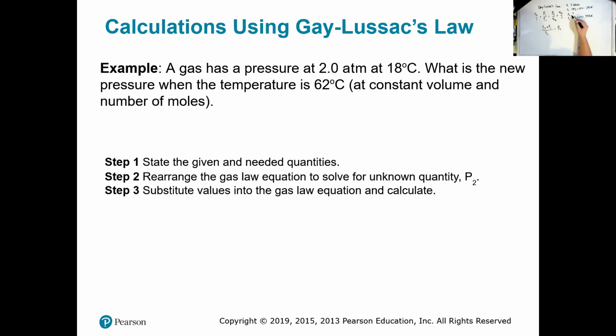Now they're asking us to find a new pressure. Luckily, in our last question, we just walked through the steps of solving Gay-Lussac's law for an unknown pressure. So we can plug in our variables here. T2 is going to be our 335 Kelvin times P1, which is our 2 atmosphere, divided by T1, which is 291 Kelvin.